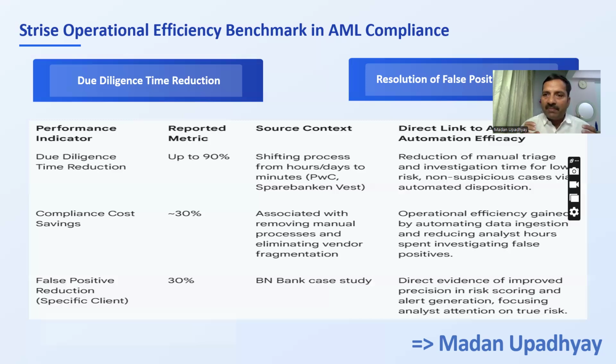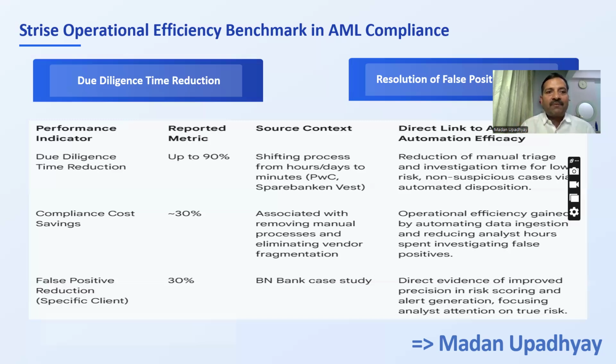The due diligence time reduction reduces up to 90% of the manual work, which involves manual triaging and investigating time for the low risks, as well as the suspicious cases that don't require human intervention, where automation is the right choice. The benefit of that 90% reduction is shifting the processes from days to minutes. That's the impact it brought to the table.